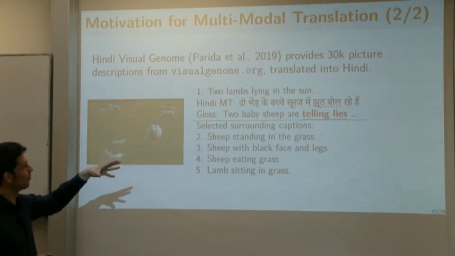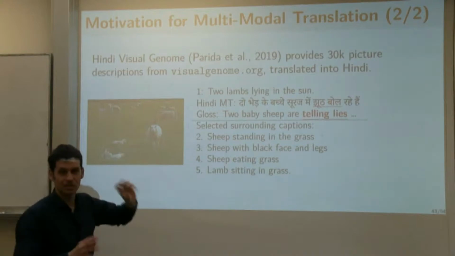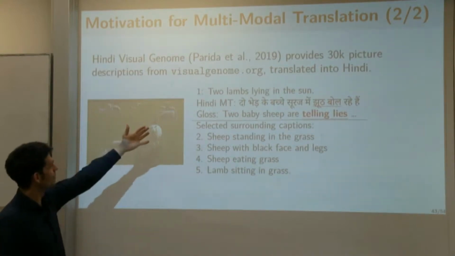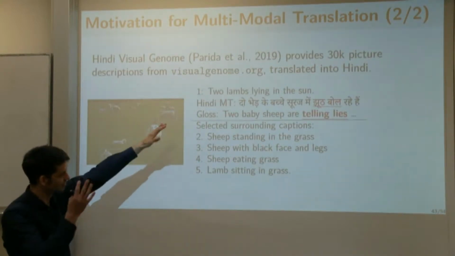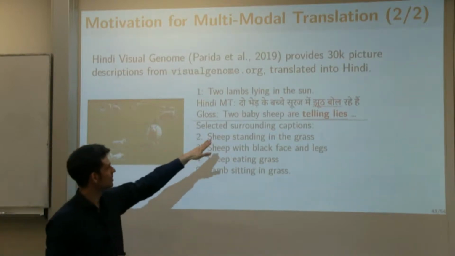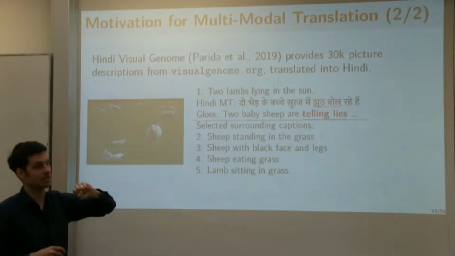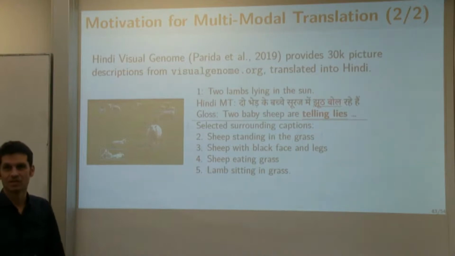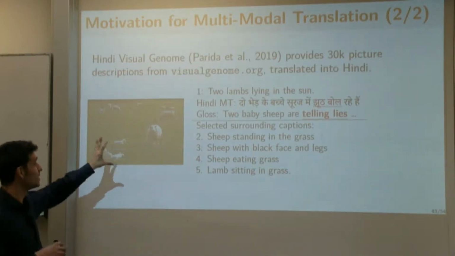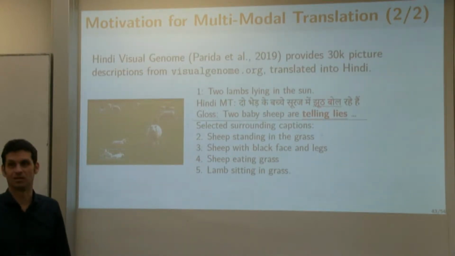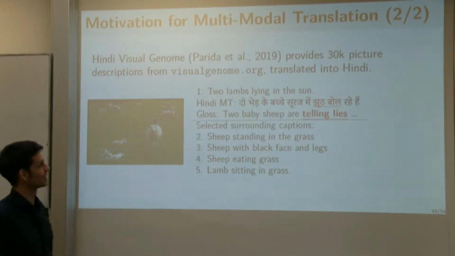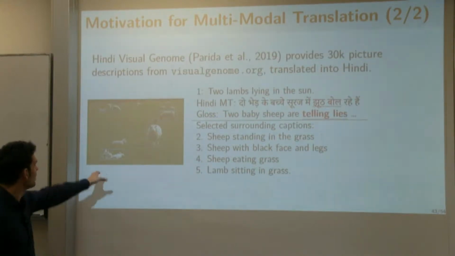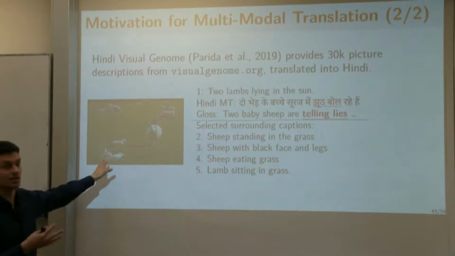And here's an example where even with the picture we didn't get it right. "Two lambs lying in the sun" was translated as some Hindi text, and the glosses are "two baby sheep are telling lies." So "lying" was mistranslated. So here the picture maybe is not helping as much as you would like it to. Maybe they are lying in the sun and lying to each other.